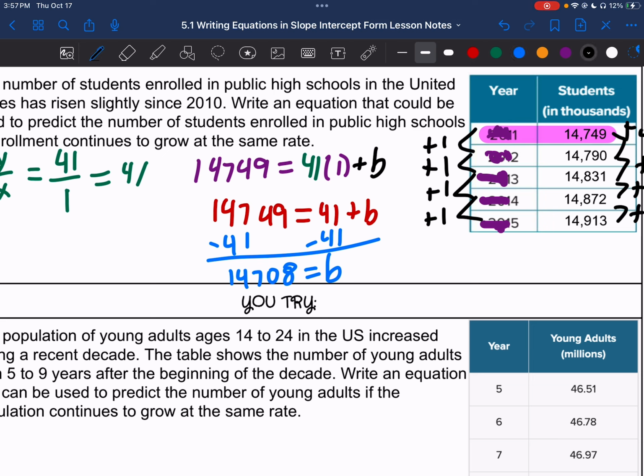So our equation is y equals 41x plus 14,708. And that 14,708 is going to represent the number of students in public high schools measured in the thousands. So you would add 3 more zeros after that, so that means there's 14.7 million students in public high schools in the United States as of 2010.